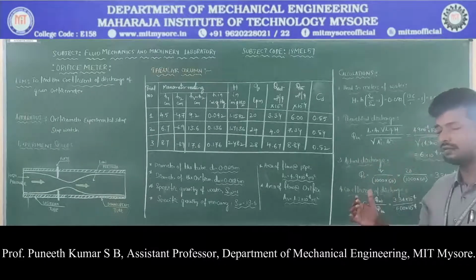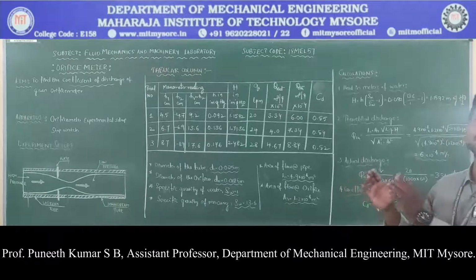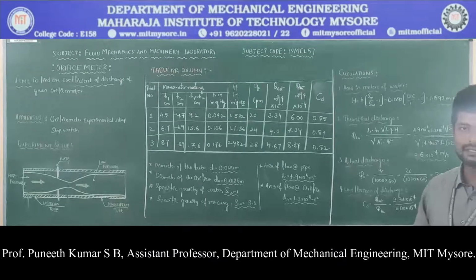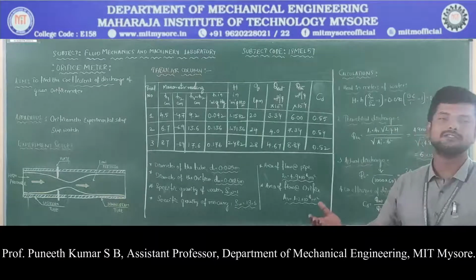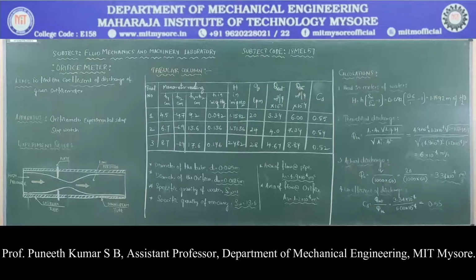But the CD value for different flow measuring devices comes out in different ranges. If I take the CD value of a Venturi, it will be nearly in the range of 0.92 to 0.96. For an orifice, it varies from 0.5 to 0.7, around this range. That means the CD of an orifice will always be lesser than the CD value of a Venturi. The reason has already been explained while explaining the Venturi.